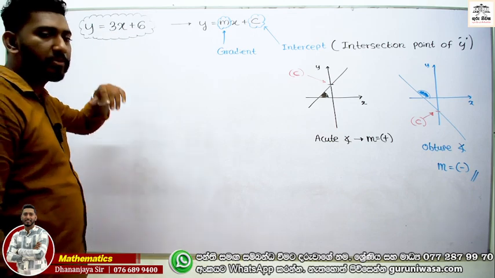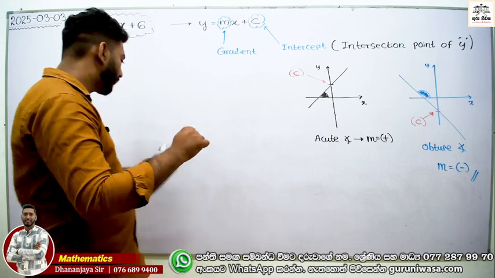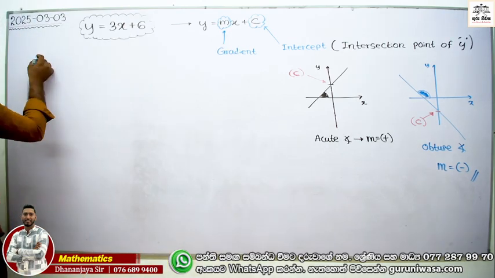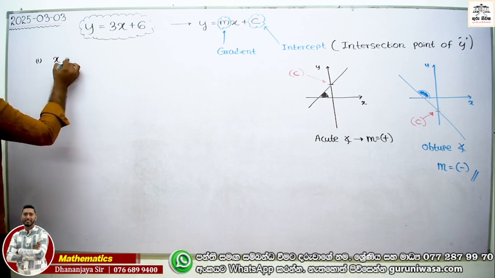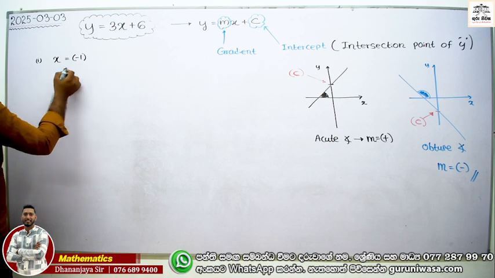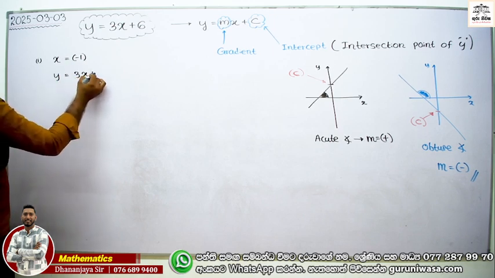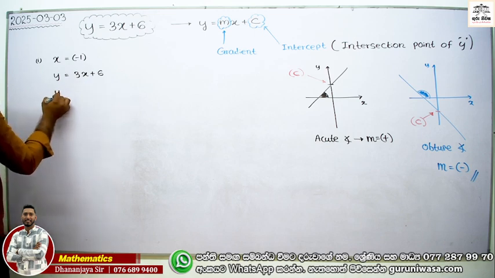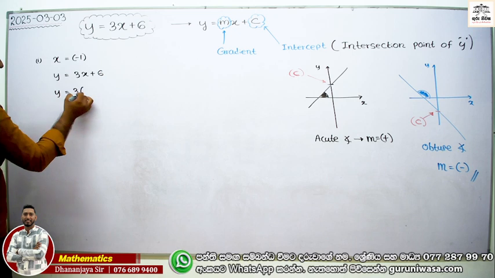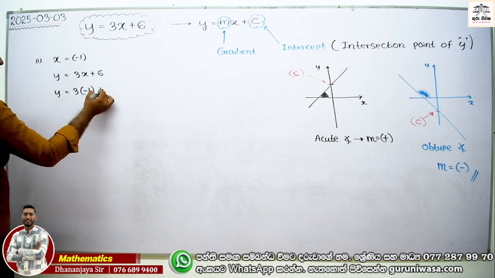Right. Now I have to find the value for y. When x becomes minus 1, y equals 3x plus 6, so y equals 3 times minus 1 plus 6.